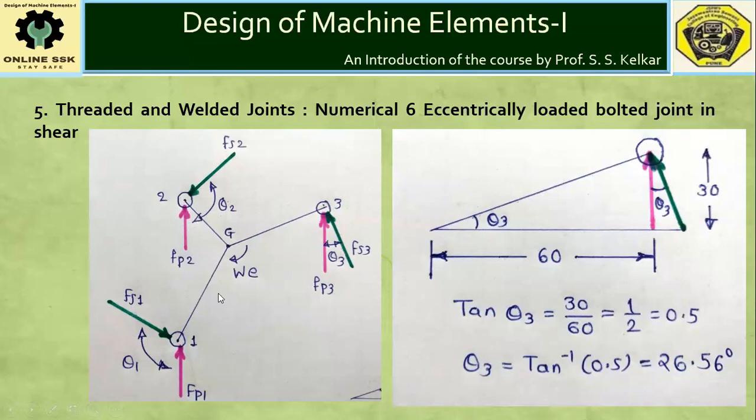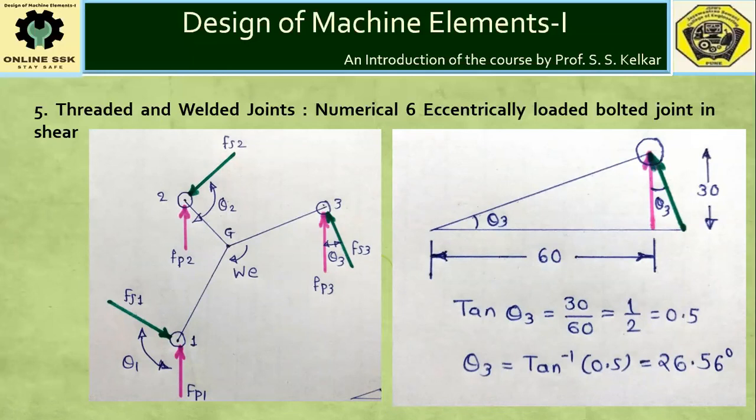Now our consideration is, after finding out the directions of primary and secondary shear forces, we need to calculate the resultant shear force, and that too for the critically loaded bolt. The critically loaded bolt will carry the maximum resultant shear force, which will be taken into account for further analysis.